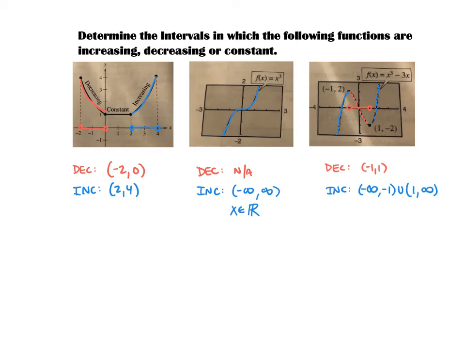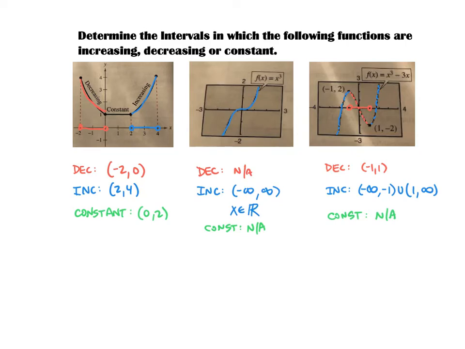Okay, again, go ahead, pause your video, and determine where these functions are constant. Okay, the first function is constant, as you can see, horizontal line from 0 to 2, and the others are not constant on any part of their interval or domain.